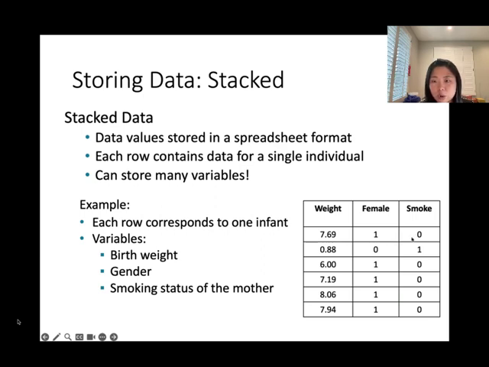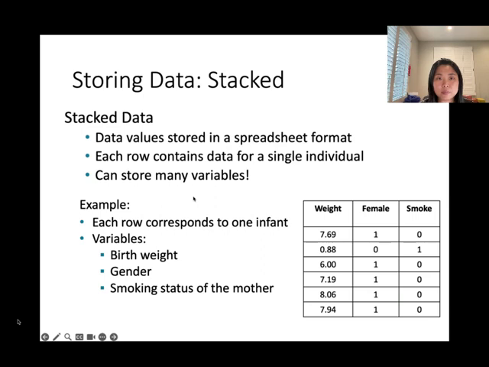Okay, so you could see, looking at this spreadsheet format, we do have 3 variables, right? It can store many variables, and we do have 3 variables. And also each row contains the data for a single individual. So each row here represents one infant, second infant, third infant, and we call this stacked data.